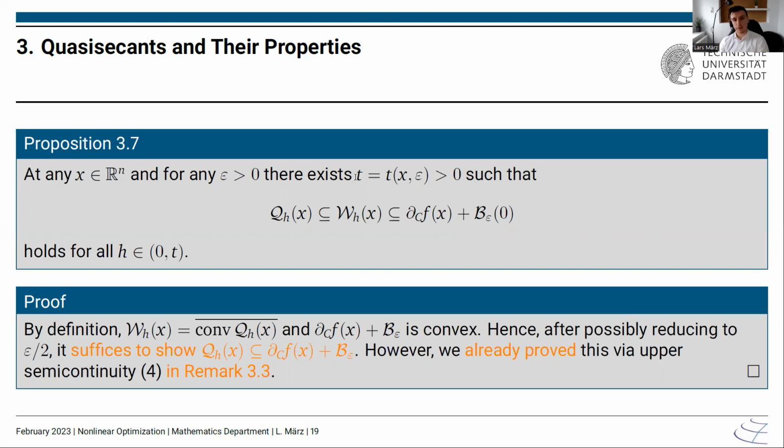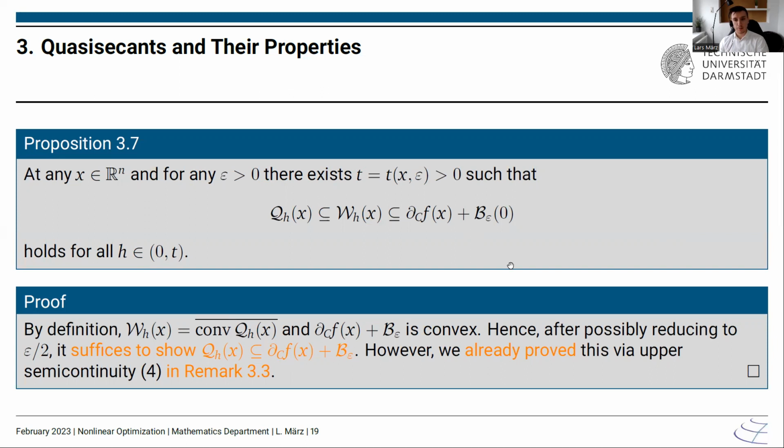Then we have a positive number t, depending on those two, such that we have this chain of inclusions for all h in 0 to t. So by definition, WH of x and this set on the right-hand side is convex.